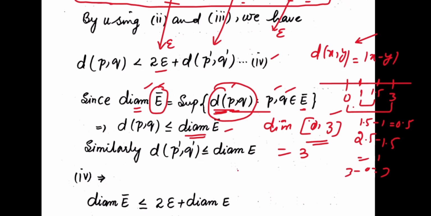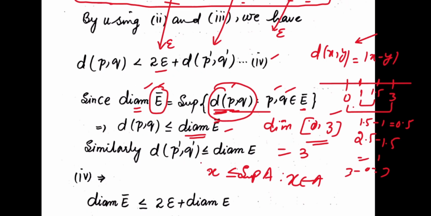The key point is that the supremum of any set A is always bigger than or equal to any point x of this set A. So this is the key point that I have used here. So distance of PQ will be less than or equal to diameter of E bar.